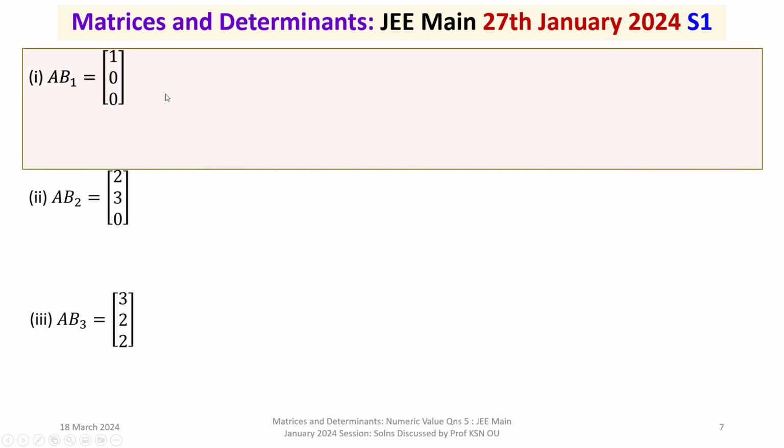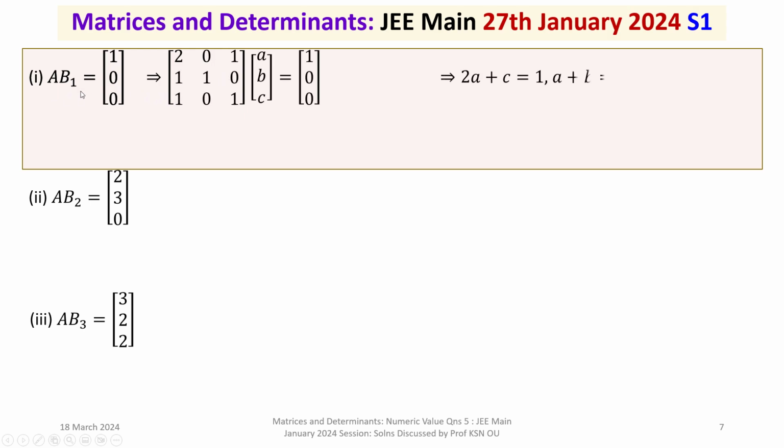This will imply A means this 3 by 3 matrix, B1 means column vector a, b, c, and 1, 0, 0 is given. Now multiply. If you multiply this 3 by 3 matrix with this column matrix a, b, c, you will get 2a plus c as the first element. This is 3 by 3 multiplied by 3 by 1, so you will get 3 by 1, which is again a column vector.